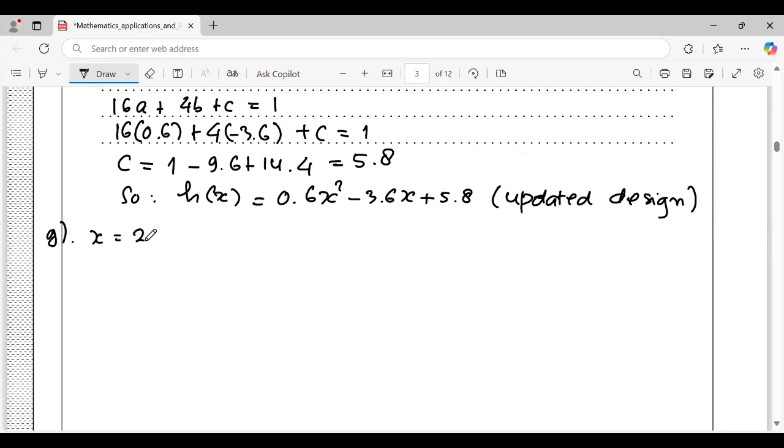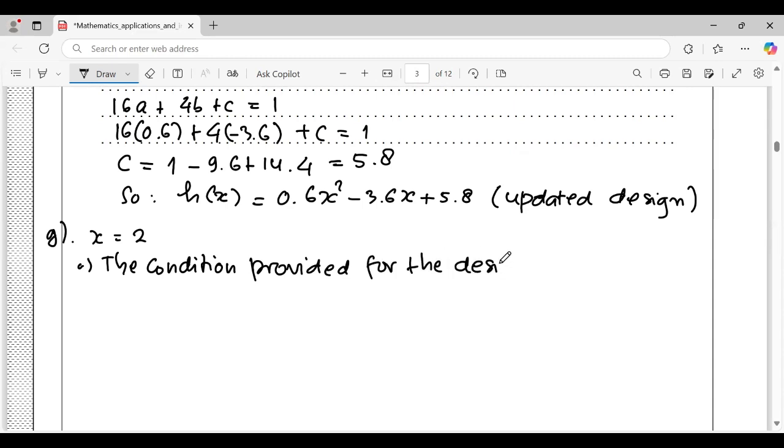If x equals 2, first, the condition provided for the original design: h'(2) is equal to minus 1.2.